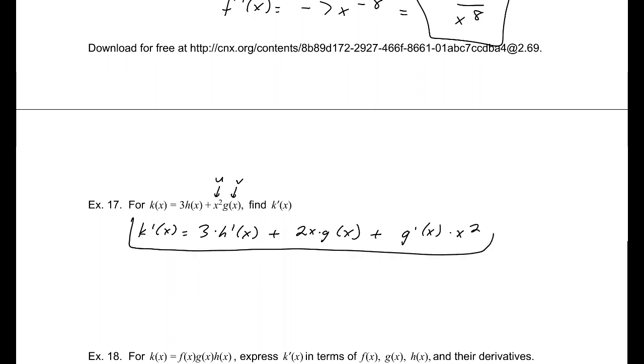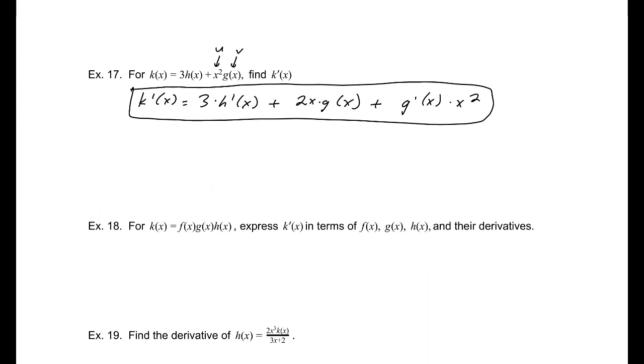My product rule would say the derivative of the first, so here's my u and v, I'd take the derivative of the first, that's 2x times g of x, plus v prime u, so g prime of x times x squared. And that would be k prime of x. So if you don't know what the functions are, we can still arbitrarily write them as derivatives, g primes and h primes.